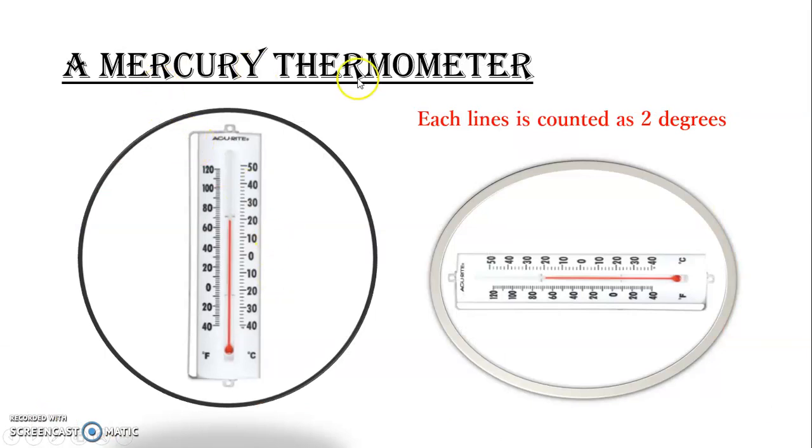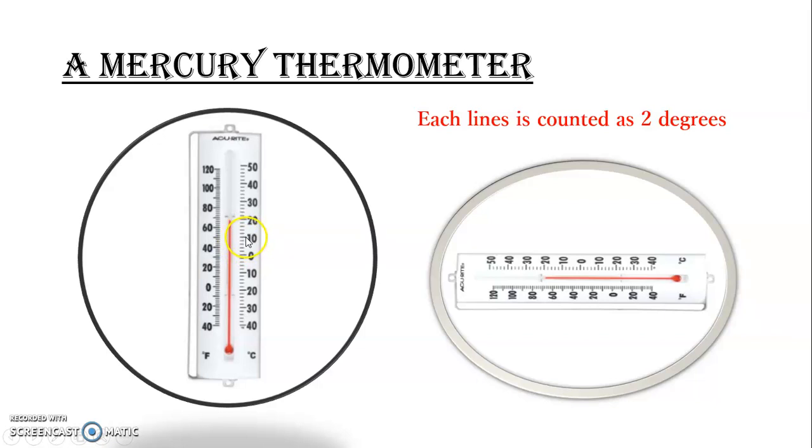Here is a mercury thermometer, and in a mercury thermometer, each line is counted as 2 degrees. Now, for example, look at this. Between 0 and 10, we have 5 tiny lines in between, and each of these lines are counted as 2. For example, this is 0 degrees, 0, 2, 4, 6, 8, and 10.